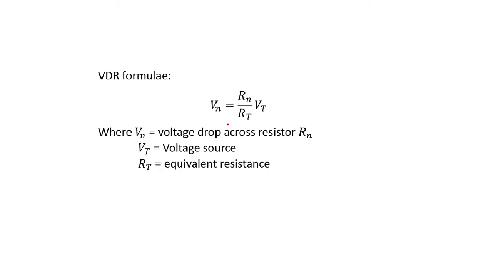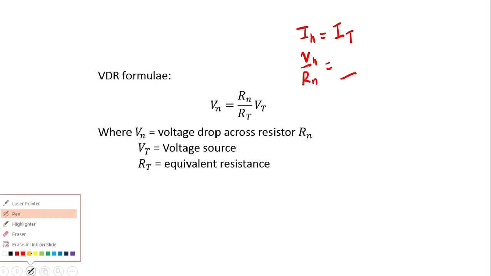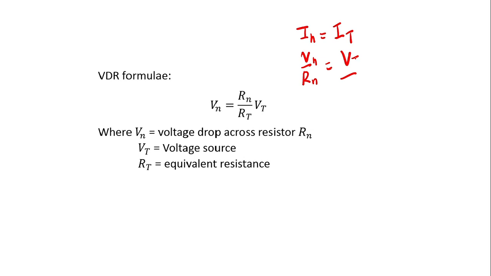Okay, so next, ini adalah voltage divider rule. IN equal to I total. N ni adalah across resistor, tak kisahlah resistor apa kan. Okay, I yang sama maksudnya dia dalam keadaan in series. So I sama dengan V over R. V total over R total.